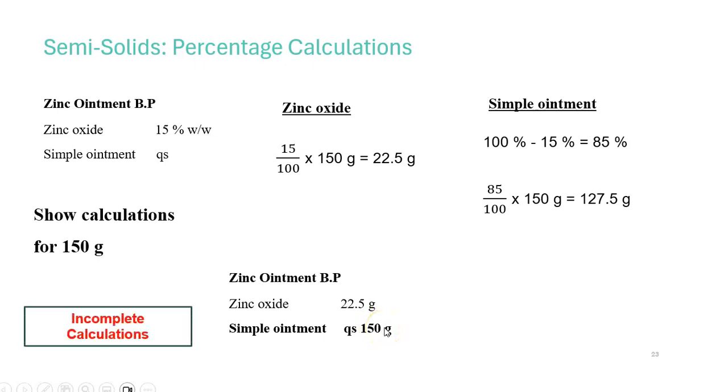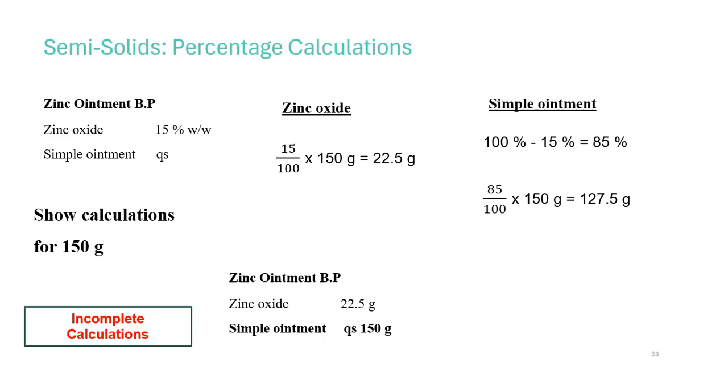But guess what? That would be incomplete. And so you would not get the full marks if this were an actual lab or an assessment. Because how will we know how much simple ointment to QS with? So QS is okay in a master formula, but not in a new formula. The new formula represents what is to be weighed and measured.